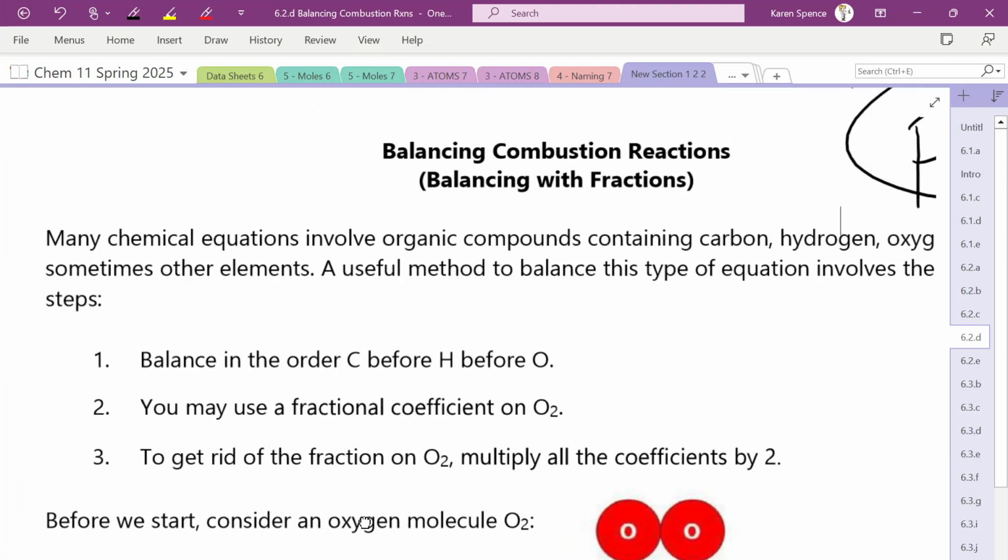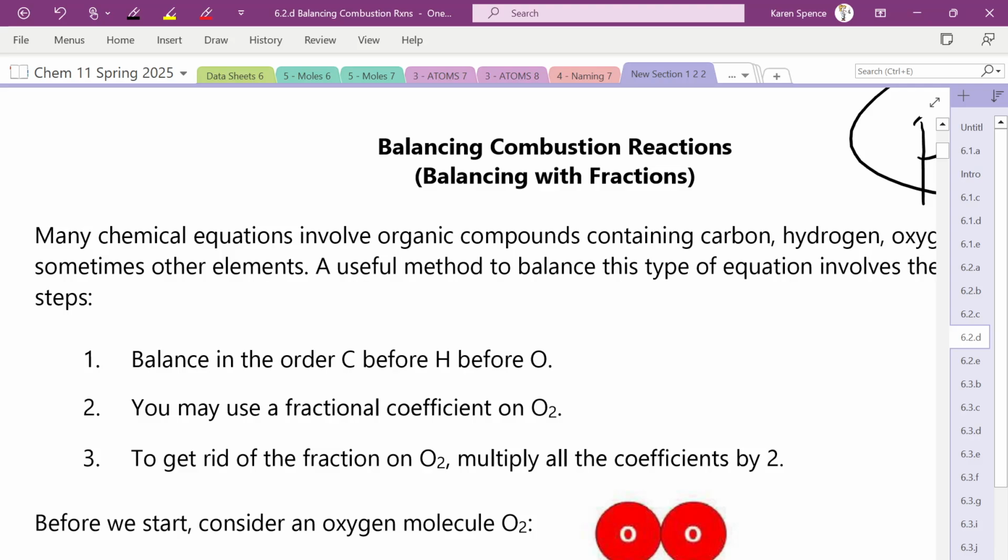What we're going to do is we are going to balance first the... Okay.